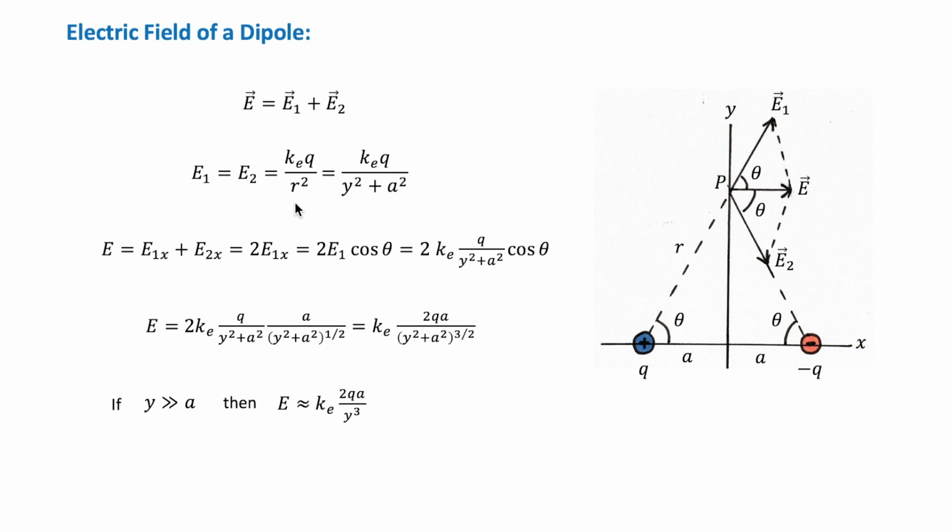Okay, so it diminishes faster in value as we go further for an electric dipole than for a point charge, and this is because at distant points the fields from the two charges of the dipole almost cancel each other out, okay?